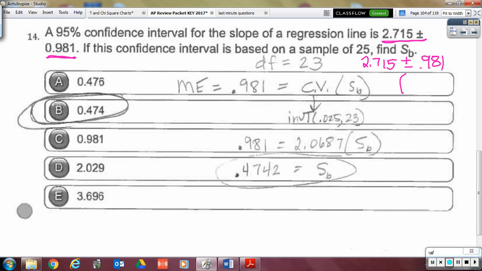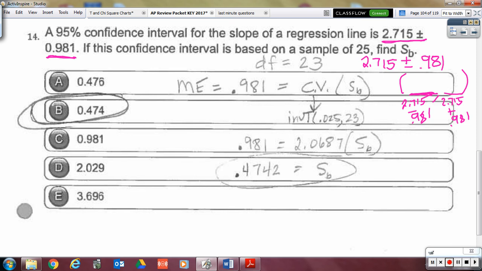You need to go 2.715 plus 0.981 to get this number, and 2.715 minus 0.981 to get this number.